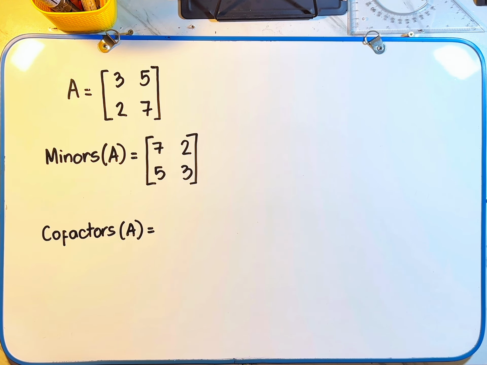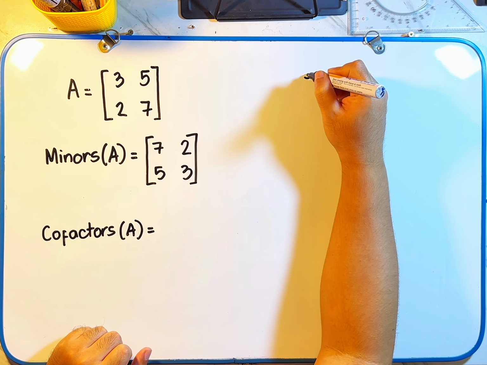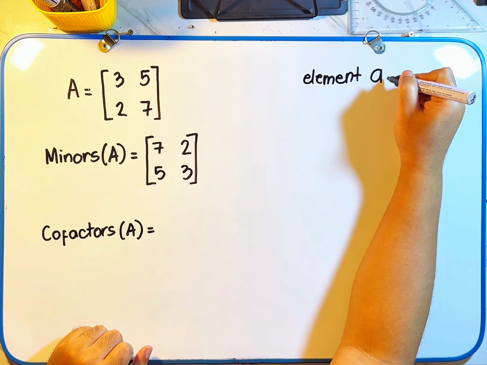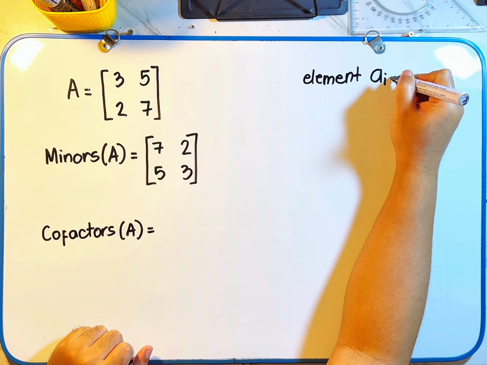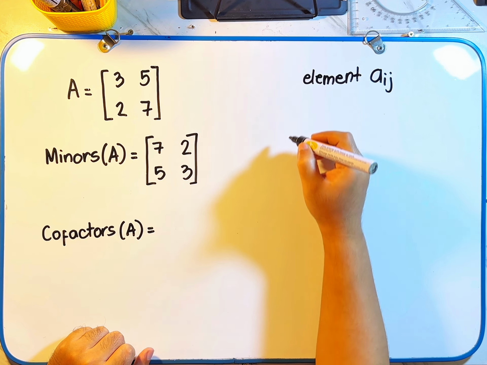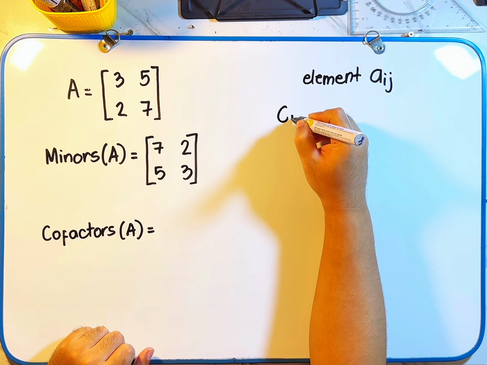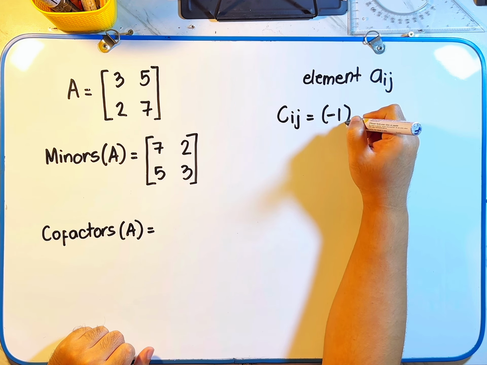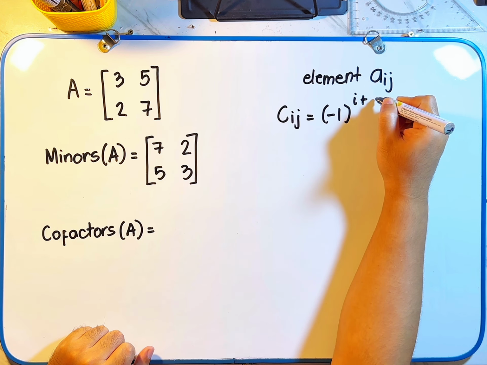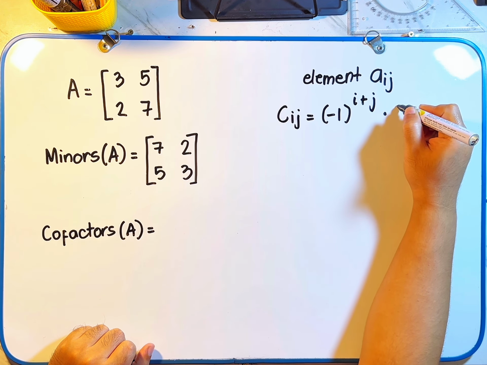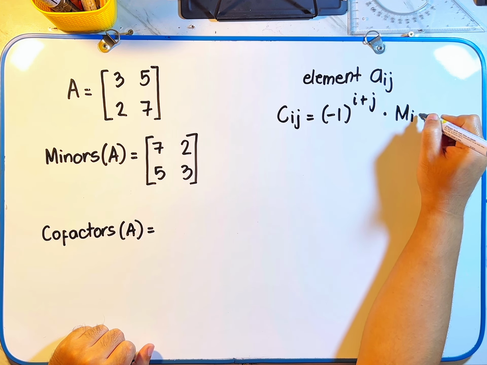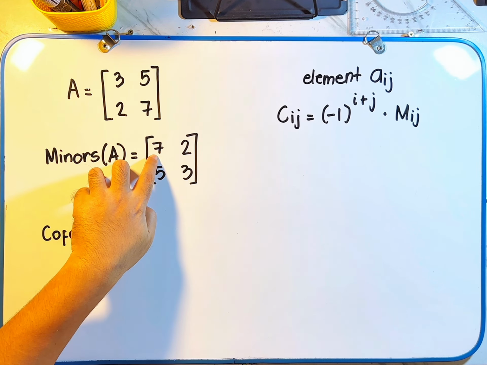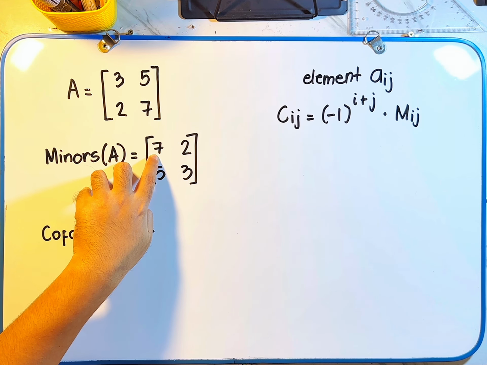The cofactor of an element, so let's say we have an element A in the ith row and jth column. The cofactor is Cij, and this is equal to -1 raised to i plus j, and then times the corresponding minor, Mij.